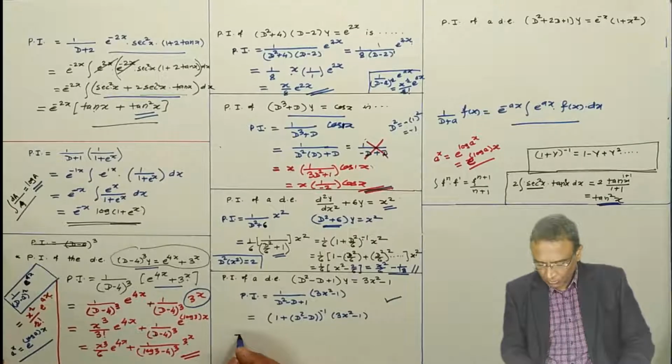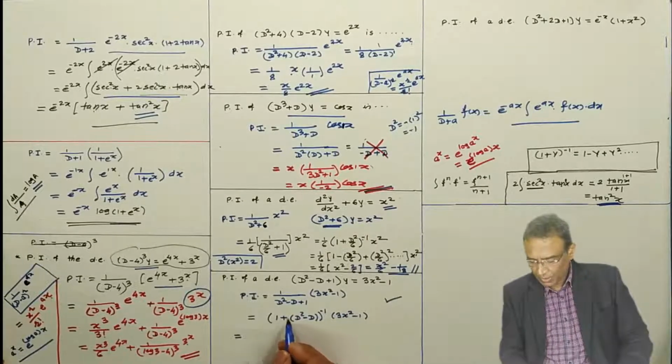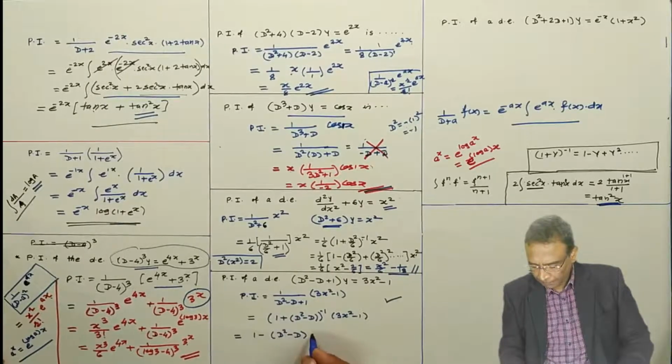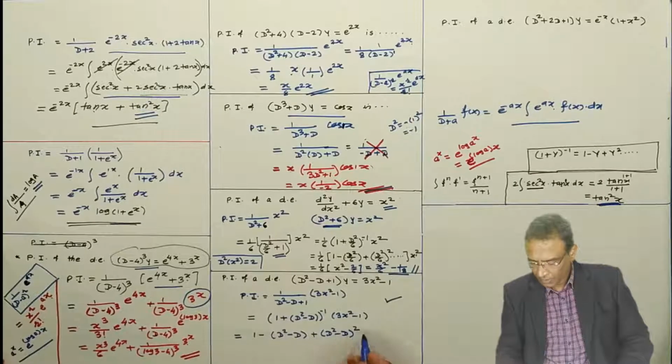Okay. Now expand it. 1 plus y to the power minus 1 means 1 minus y plus y square minus y cube and so on.